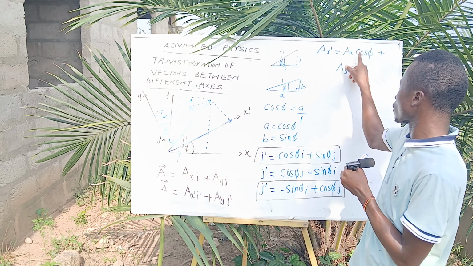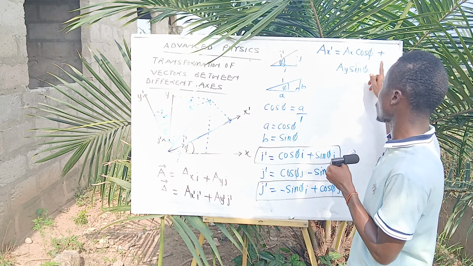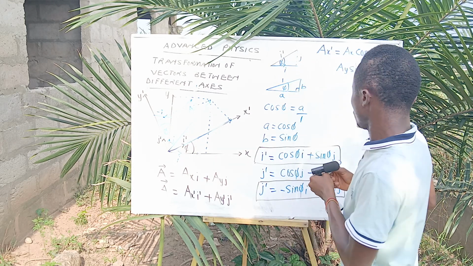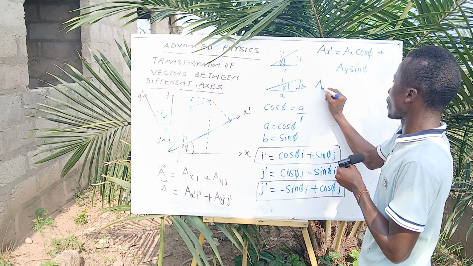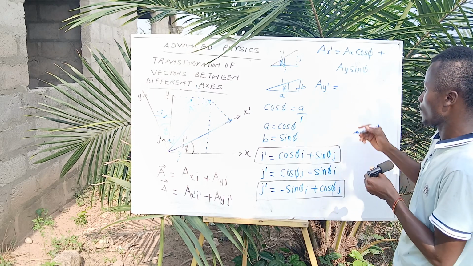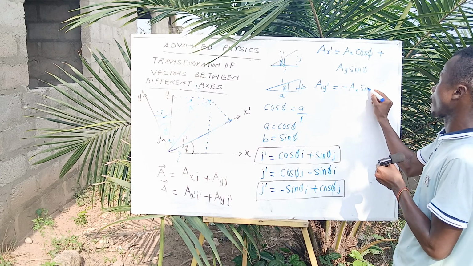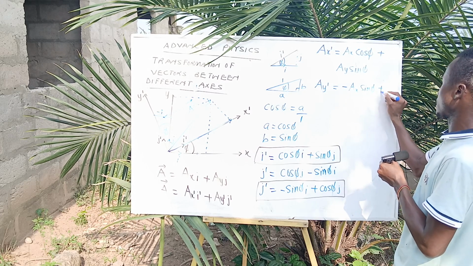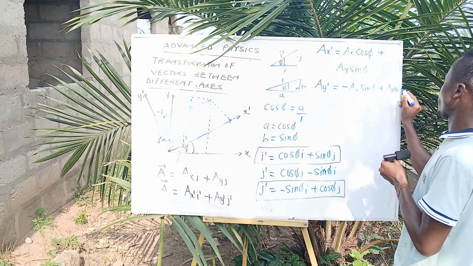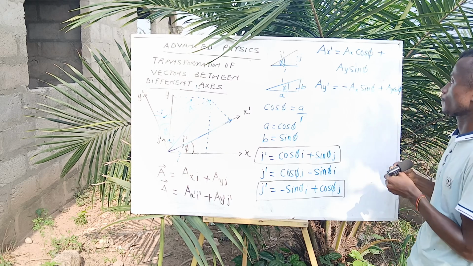That will be ax cos phi, where the phi is the angle between the two axes, plus ay sine phi. And then ay prime will be equal to negative ax sine phi and then plus ay cos phi.